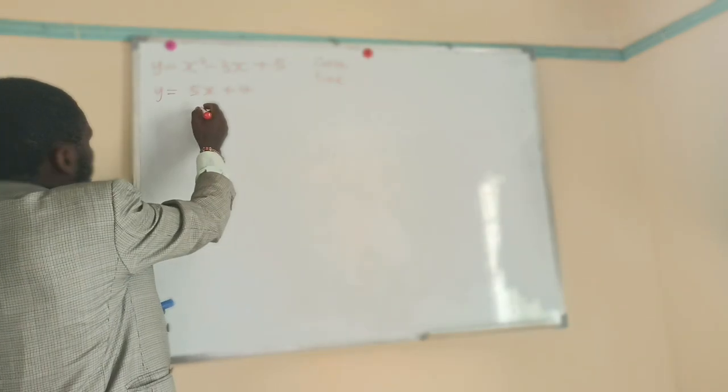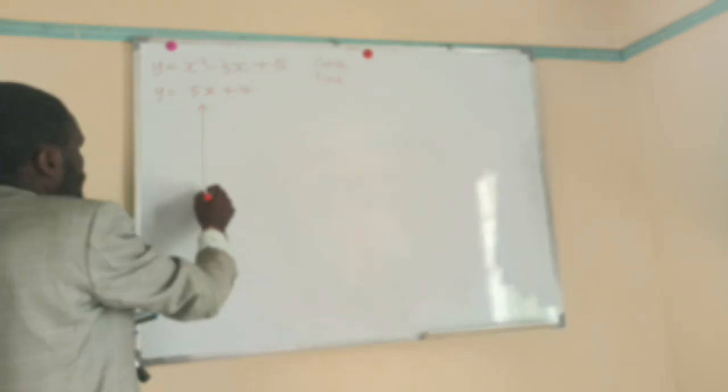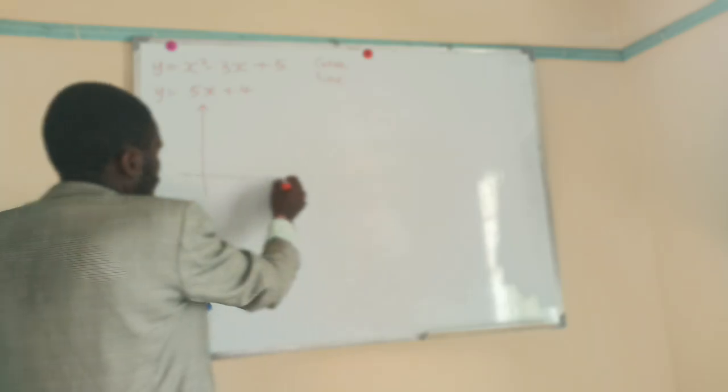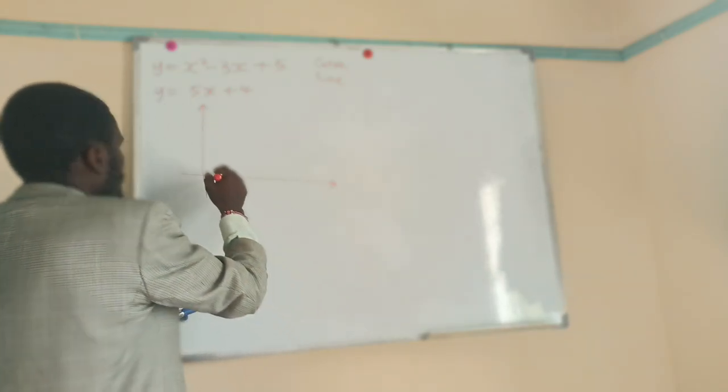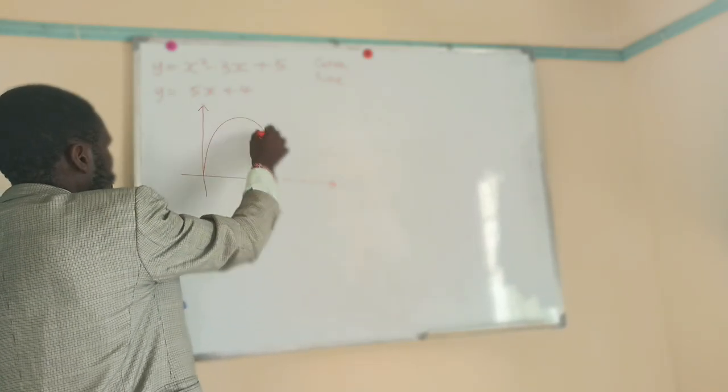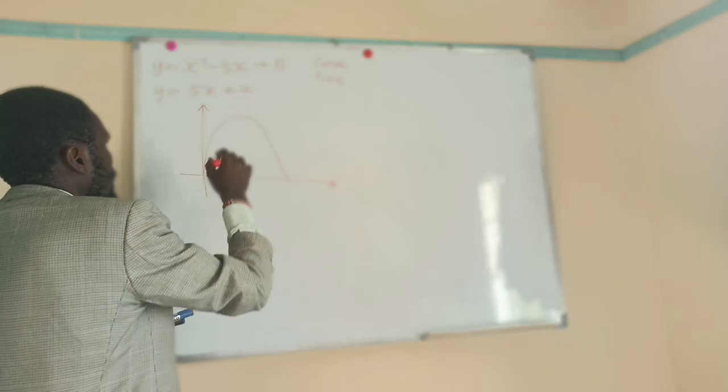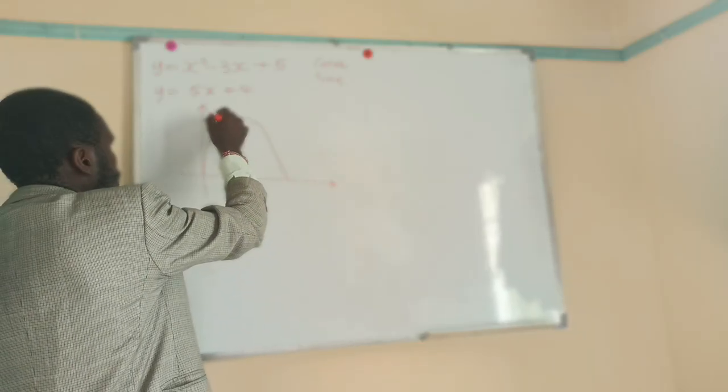Someone might decide to make a sketch of that, and you should get something of this sort. This can be your curve, and you can have this as your line.